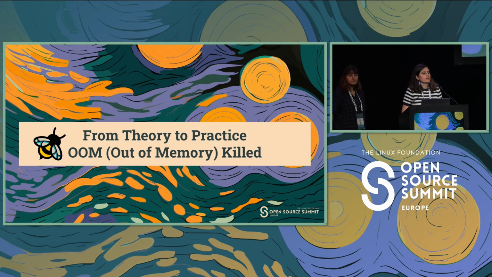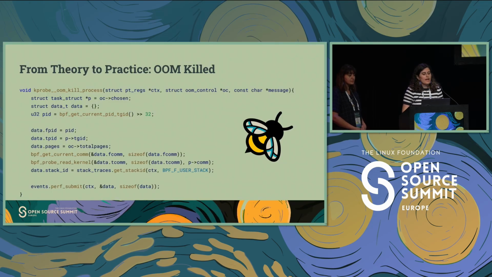The next example is out of memory kill, or OOM kill. I'm sure everyone here has run into an OOM kill at some point. Let's see how we can use eBPF for these kinds of events. As we discussed before, we have something called kprobe, and we can use it to attach to any kernel function that we have.